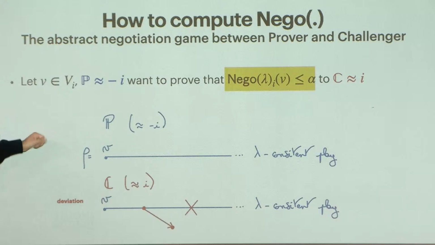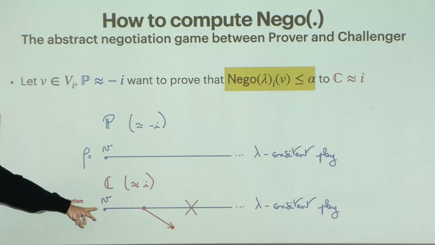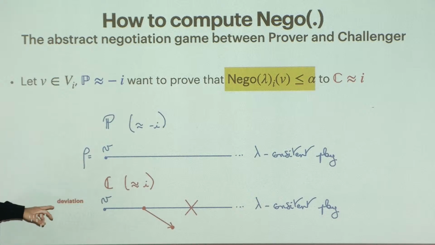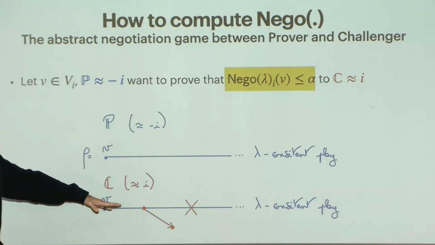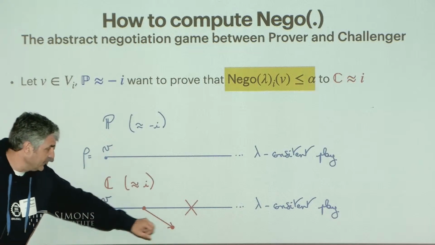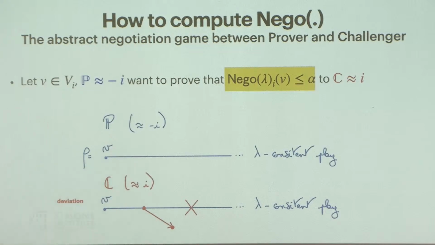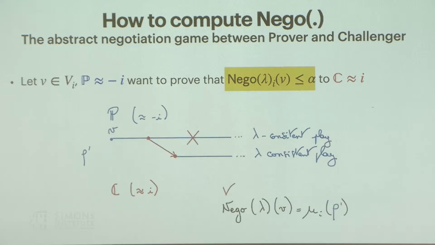Another situation could be that what you propose to the challenger is not good, in the sense that he says, okay, I can improve on what you propose, I can deviate. In that state that belongs to player I, he can deviate and go to a new state. Then the game continues, and the prover will propose a new lambda consistent play.